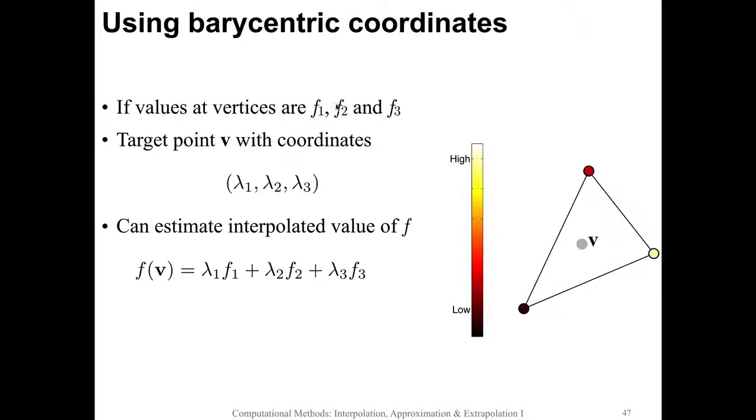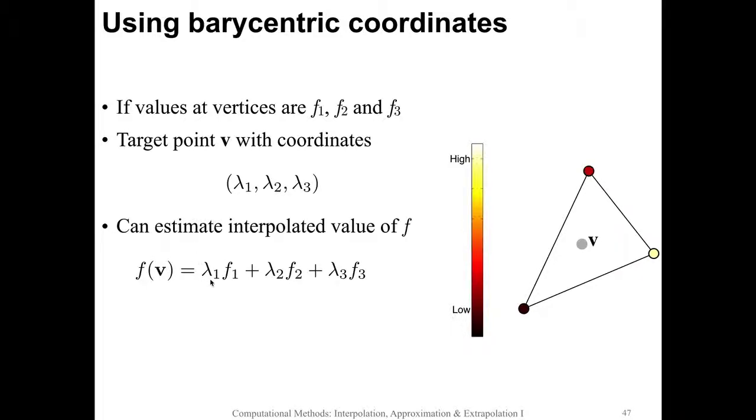So here let's assume that f represents a measurement of some function at each of our locations. Let's assume that our target point V has barycentric coordinates, which are expressed as lambda 1, lambda 2, lambda 3. Then these lambdas are used to blend the vertex locations to get the location of V, but we can also use them to estimate an interpolated value of f.